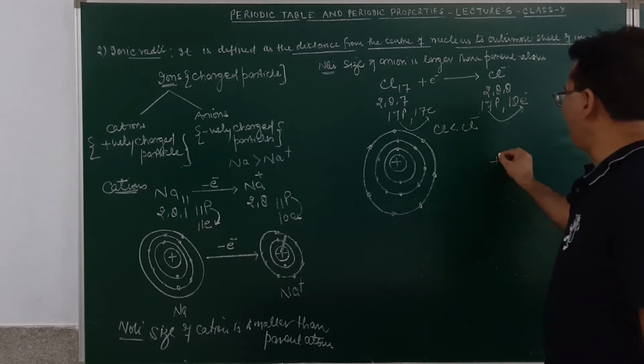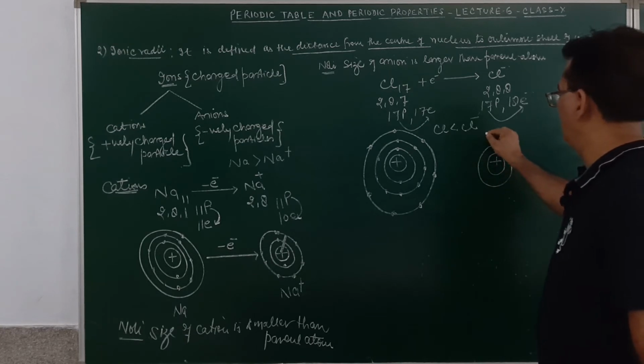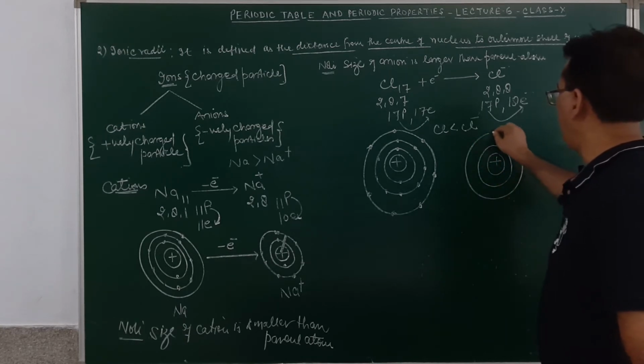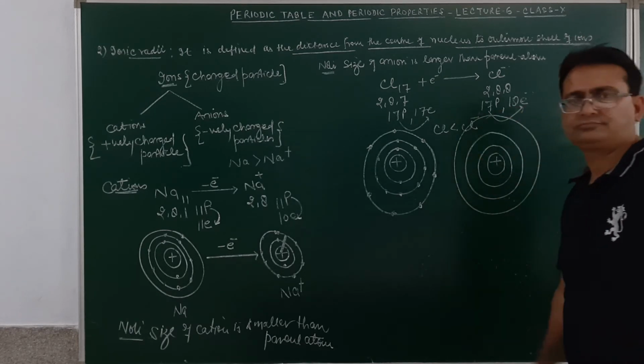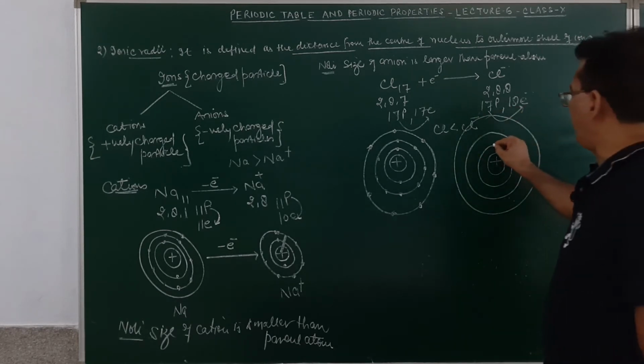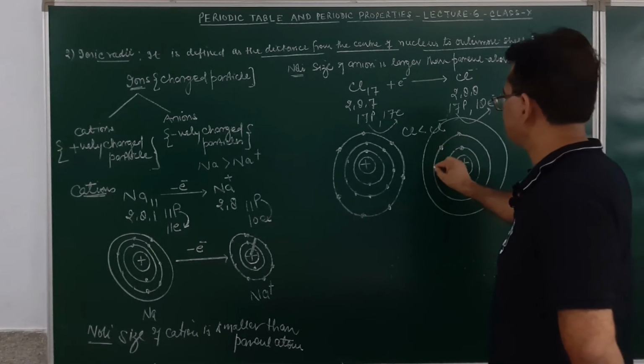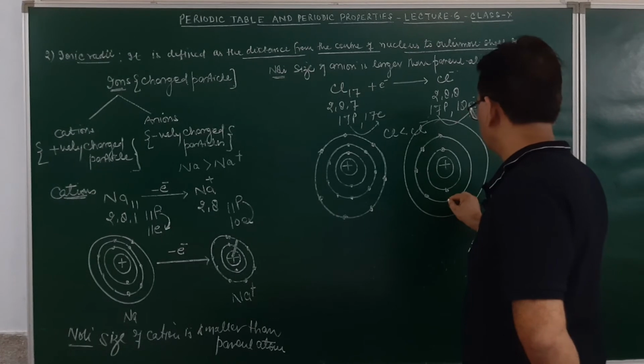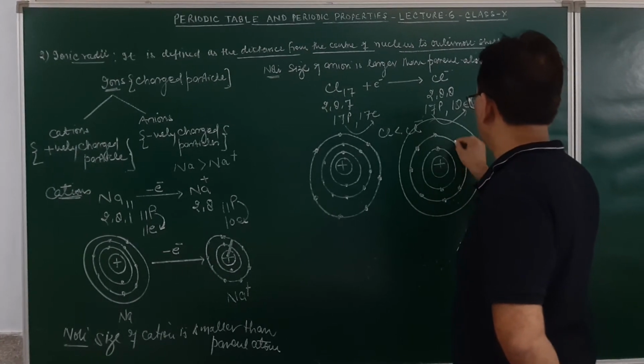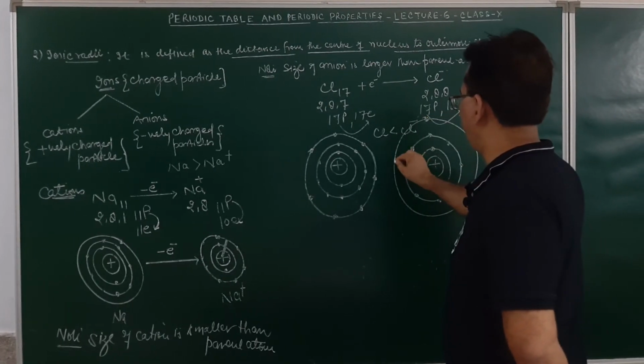Here this is nucleus, a first energy shell, a second energy shell, and a third energy shell. This will be having 2 electrons. Here 8. And here again it will be 8.